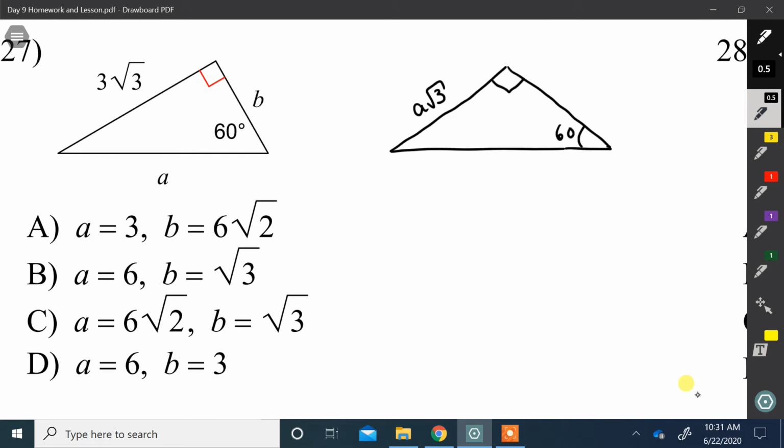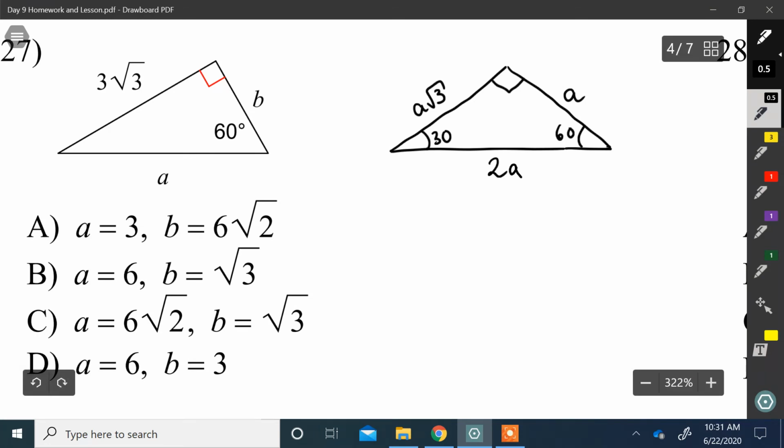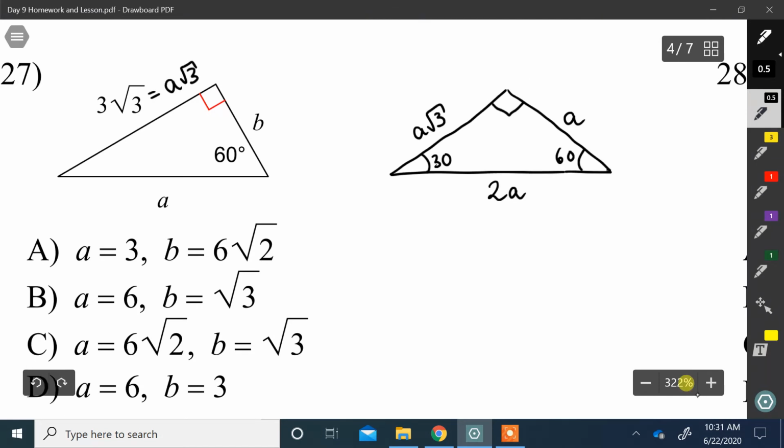The one in front of the 30 will be A, and the hypotenuse will be 2A. I don't know if you see it or not, but you can tell that A is equal to 3.